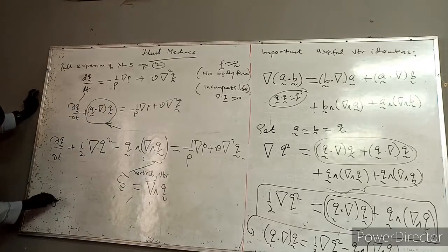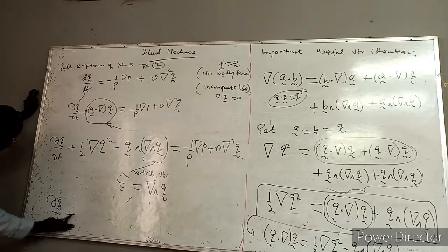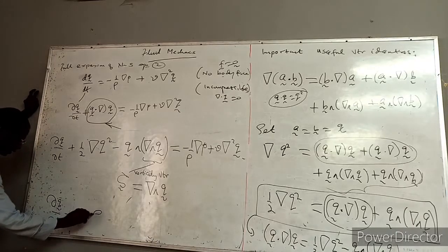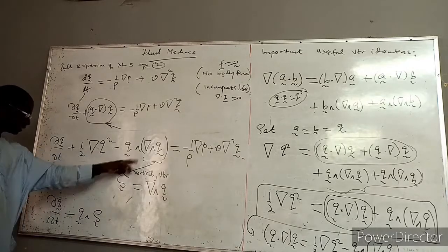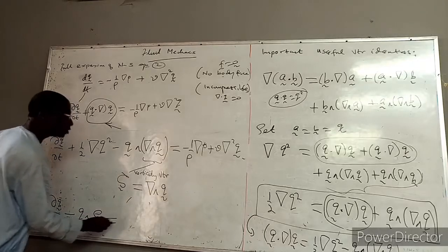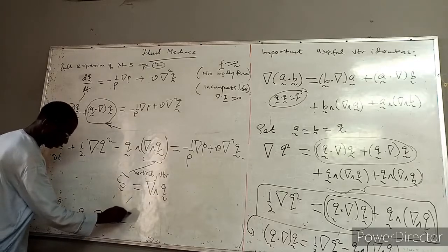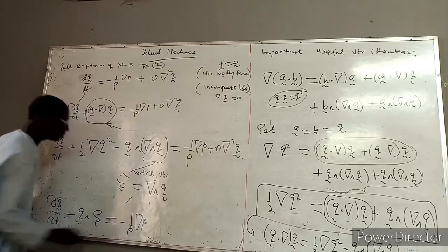So I can write this as dq/dt minus q cross zeta. Because you know this represents a vector, it is now equal to minus 1 over rho grad P.